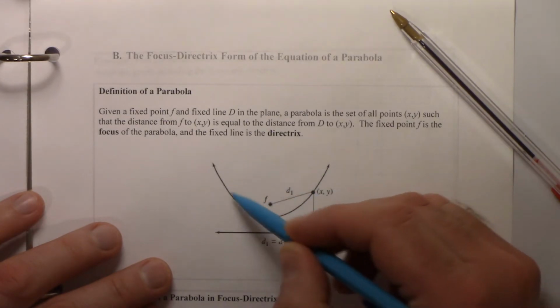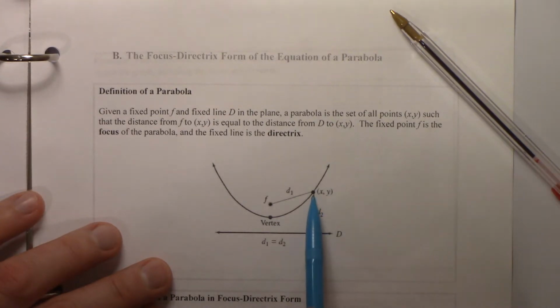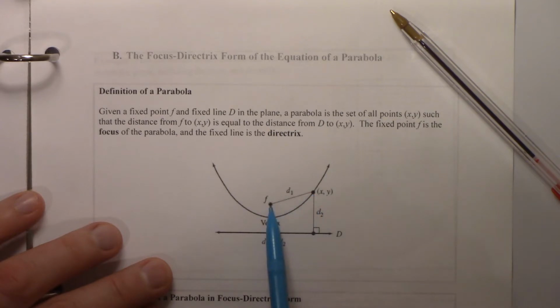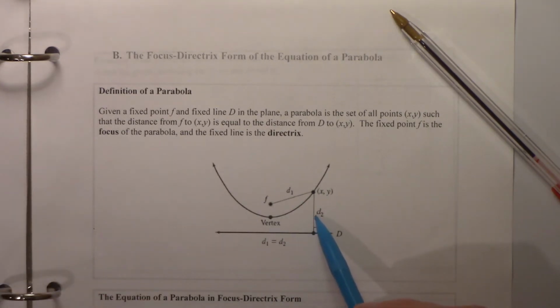It's this U-shaped curve, and by definition, if you take any point on that curve, measure the distance from that point to the focus and to the directrix, those two distances will always be equal. And that will be true no matter where you're located on the parabola.